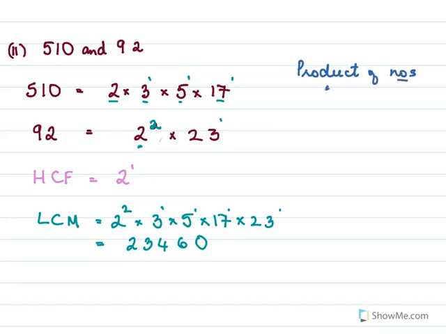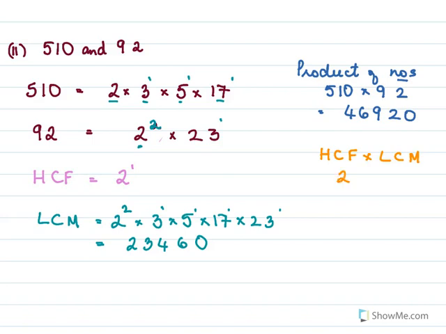The next step, we'll find the product of numbers, and the product of numbers is 510 into 92, and 510 into 92, when we multiply, you'll get 46920. Next we find HCF into LCM.